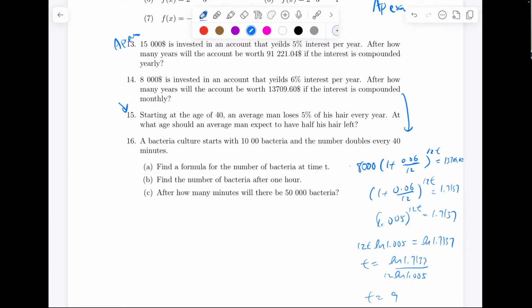If I had lost 5% of my hair every year, starting in 4, and it's going to be minus. What age should it be? Average max. Minus 40 years. Would it be like 4? Negative 4 years.